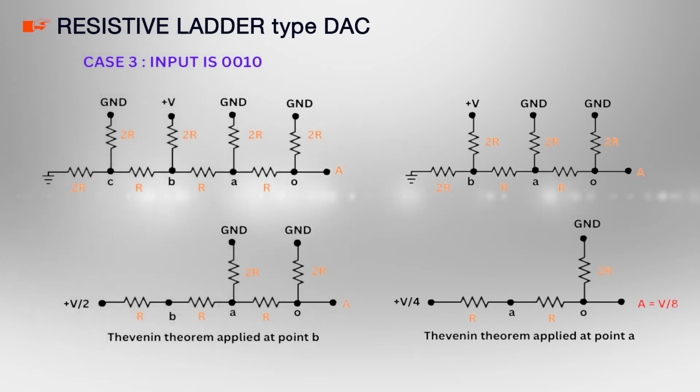So, apply Thevenin theorem at point B and reduce the circuit to an equivalent circuit shown at the bottom left corner. Again, apply Thevenin theorem at point A to further reduce the circuit to get the final circuit, and in this circuit apply the voltage division rule at node O; the voltage obtained is equal to V by 8. So, when only the third MSB is high, output will be V by 8.